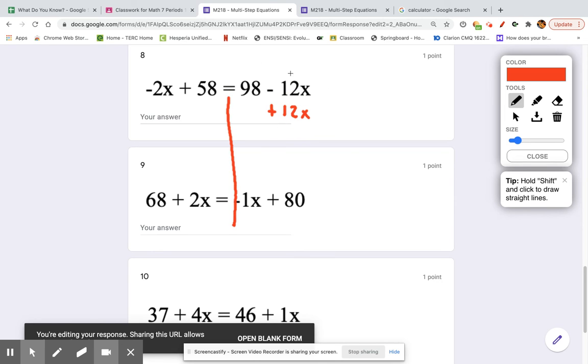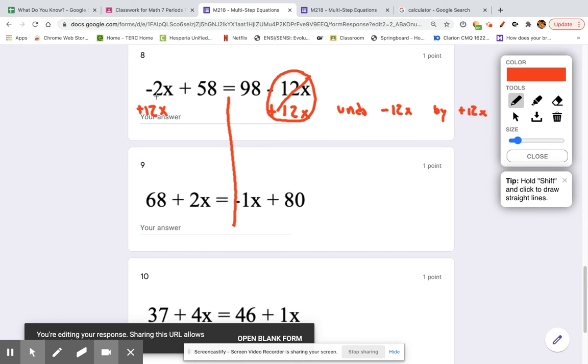So we're going to undo taking away 12. So undo subtracting 12x by adding 12x to both sides. All right, so minus 12x and 12x, they cancel out. They equal 0.